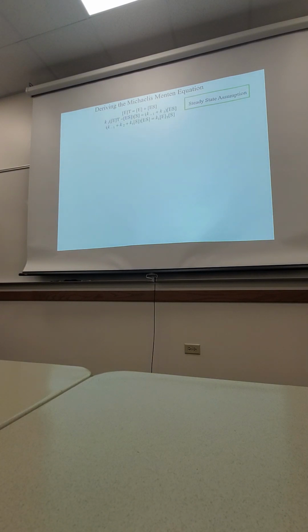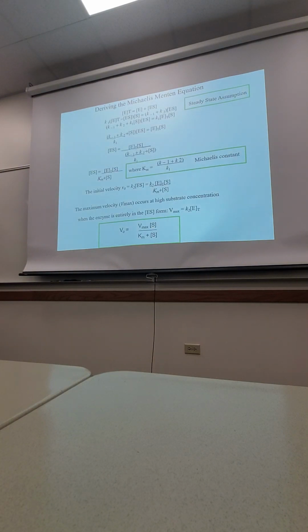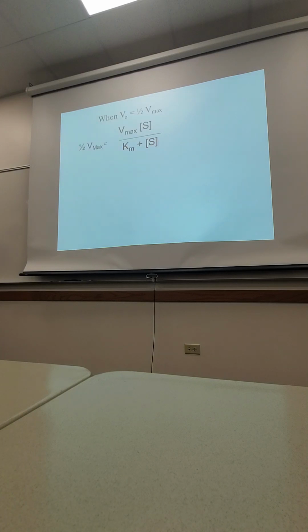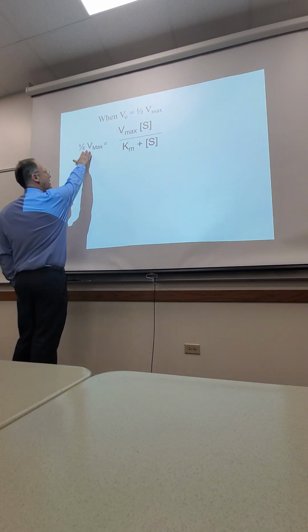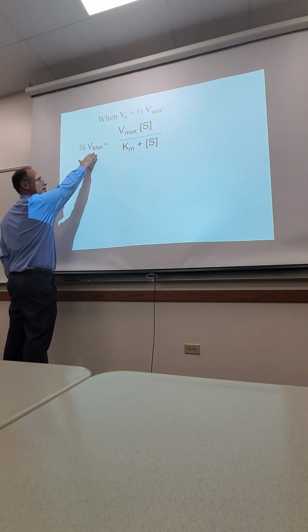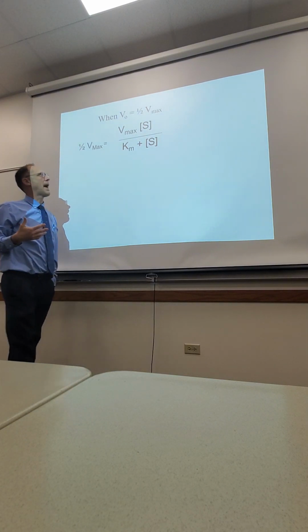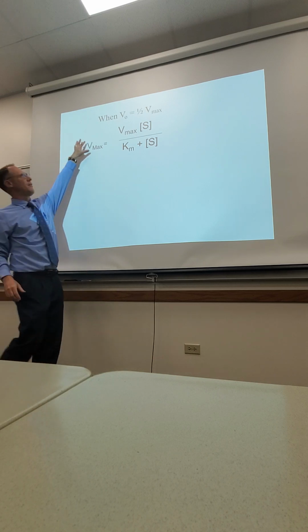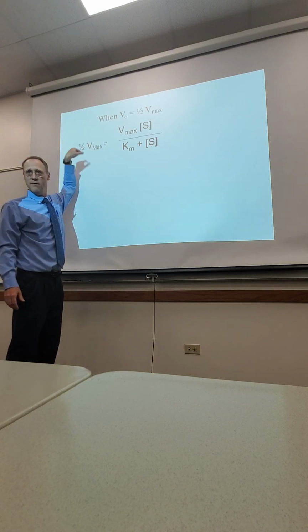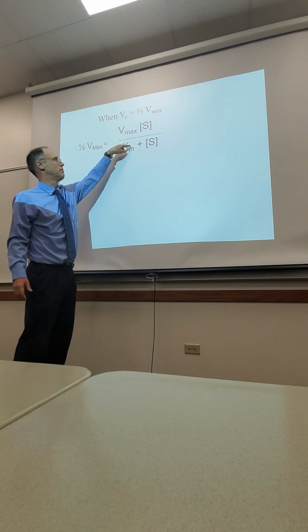This is the derivation that I told you I'd skip. You actually saw this math before, whether you got it before when they did it with ligands, I don't know. But if I have a Vmax, and the velocity is 1/2 of the Vmax, so I'm essentially saying that my velocity, which was my Michaelis-Menten, V0 equals Vmax times substrate over substrate plus Km.